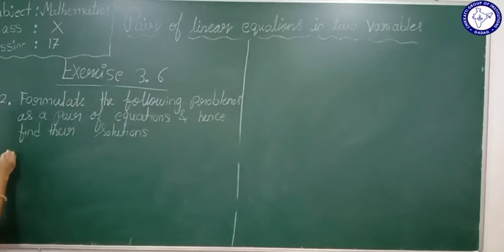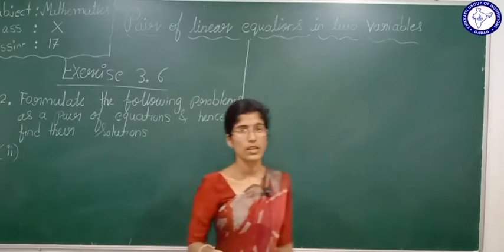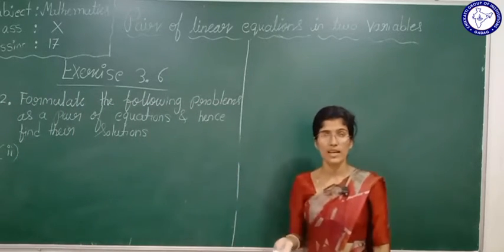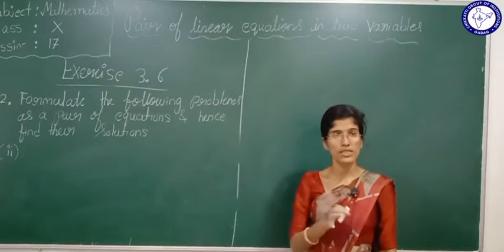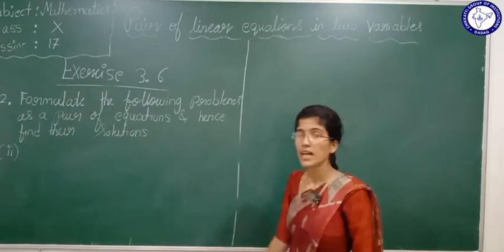Okay, in this second main, the first problem, how we solved it in the worked example, that problem is similar to that only. Okay, in the second main, the second one I am solving.